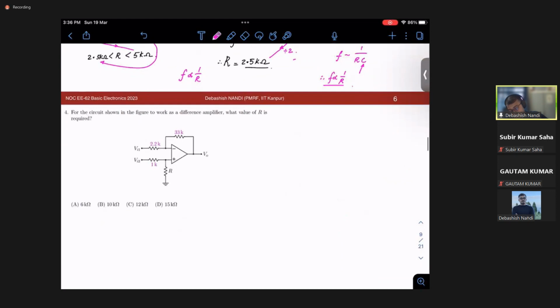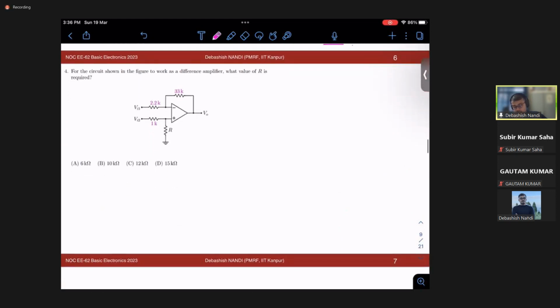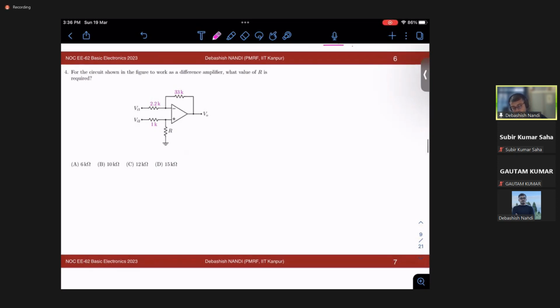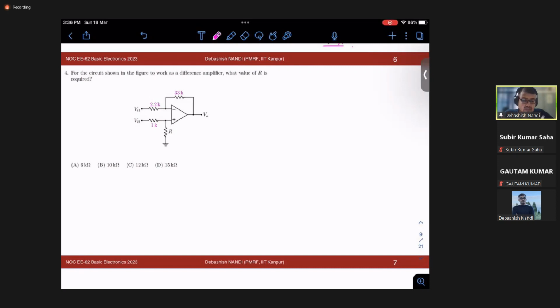Okay. So let's move on to problem number 4. For the circuit shown in the figure to work as a difference amplifier, what value of R is required? So now say you do not know anything about difference amplifier. I will tell you what a difference amplifier is.